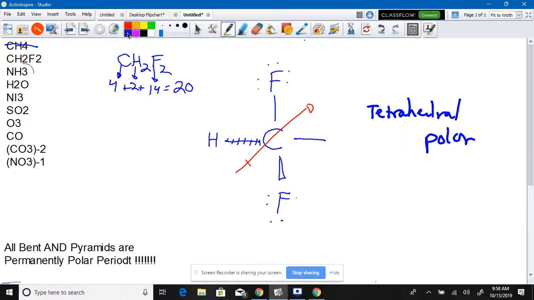If I put the fluorine here and a hydrogen here, is it still polar or nonpolar? I want you all to think three-dimensionally. What? Rotating? Noah, that's a strong possibility.